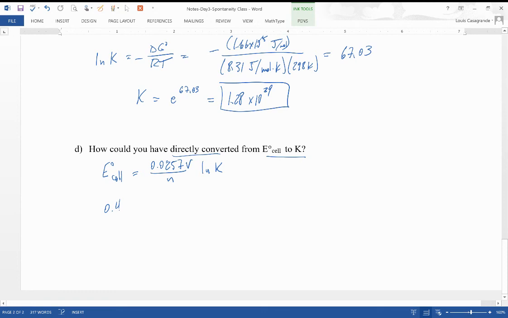We've got 0.43 volts is equal to 0.0257 volts, so the volts are going to cancel. Remember, we had those 4 electrons in there times the natural log of K.